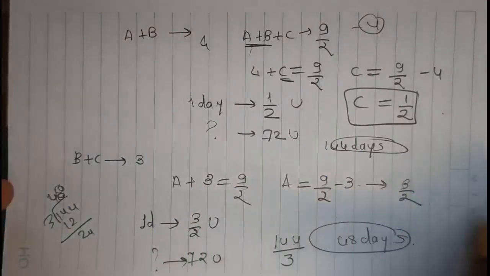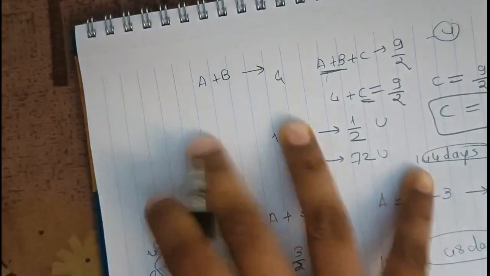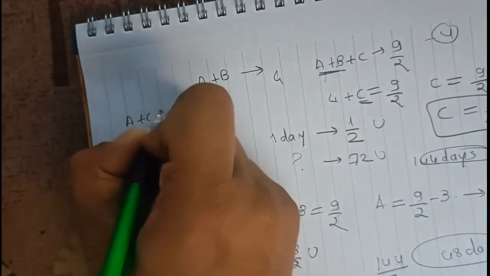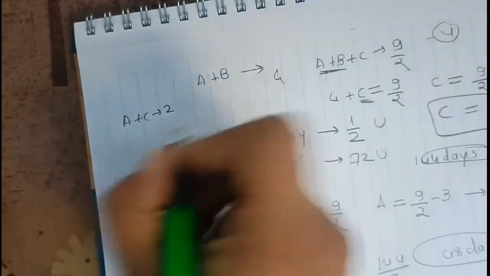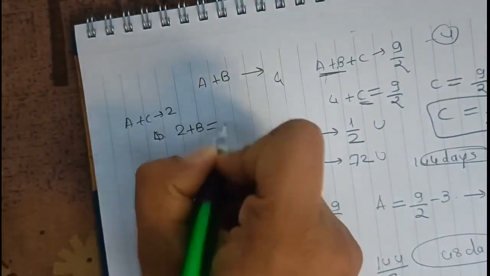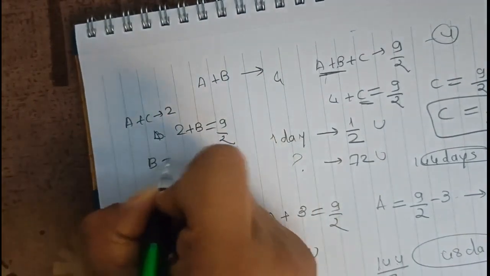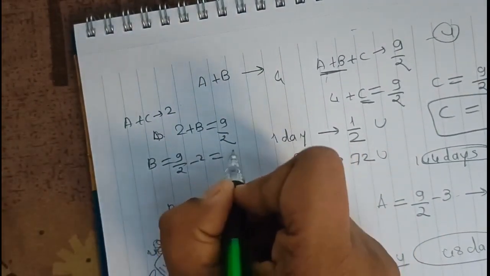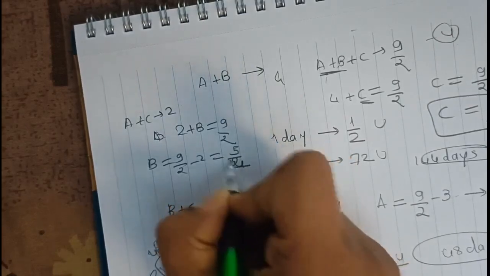Similarly for b, we can find out by using the third and the fourth equation. We have the a plus c value, which is 2. So directly substitute here: a plus c is 2, right? So 2 plus b is equal to 9 by 2. So b would be 9 by 2 minus 2, which is 9 minus 4 by 2, which is 5 by 2.